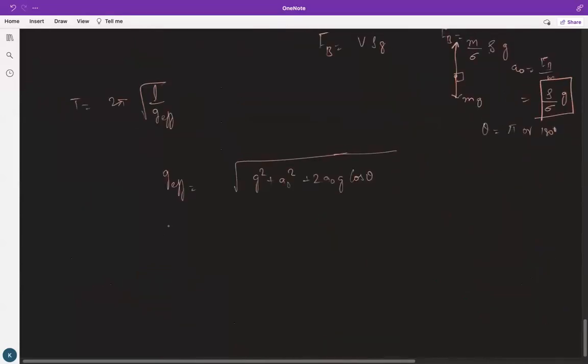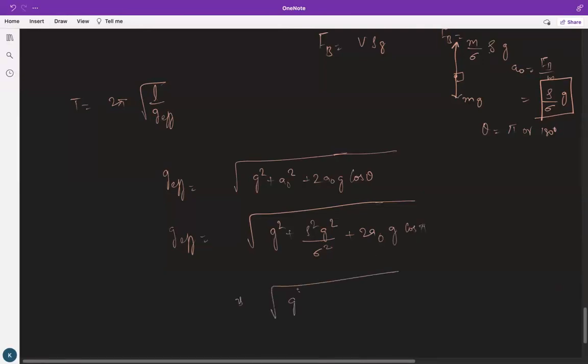Let's apply this and find the value of G effective. It will be G square plus A naught square, which is rho square G square by sigma square, plus 2 A naught G, and cos theta is cos pi.